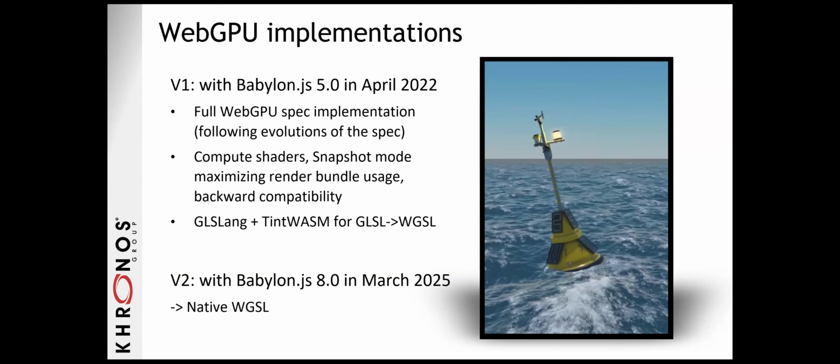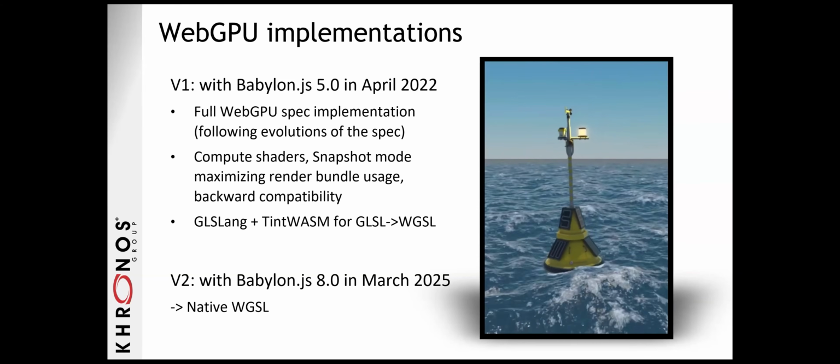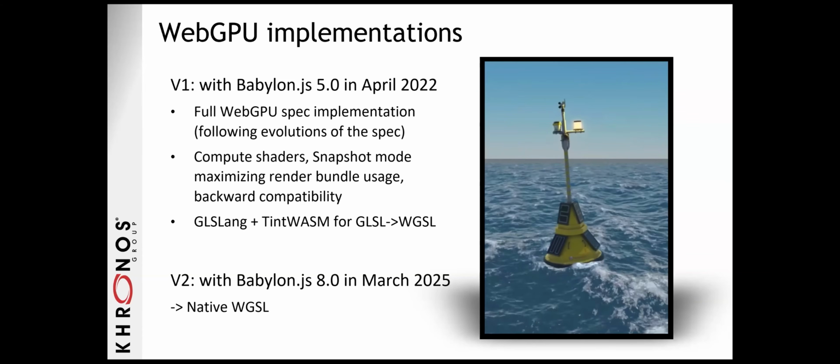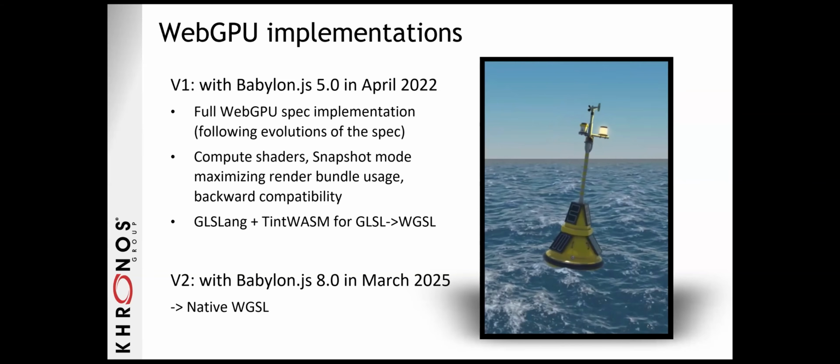Alexi did most of the WebGPU implementation, and what they had in mind was backward compatibility. I think we're going to be for some time, and maybe forever, in a world where we have both WebGL and WebGPU. For sure now it's still early, and it was even earlier before.